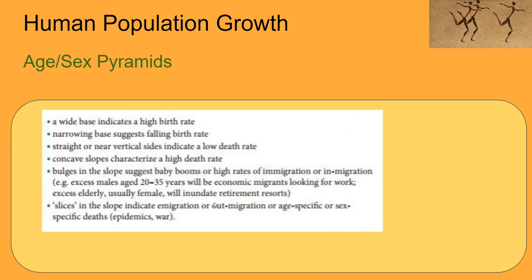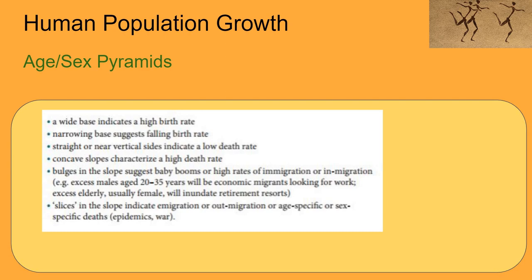Now, we're going to go ahead and model these changes that I've just discussed. And we're going to do it in what we call pyramids, demographic pyramids. These will show us how human population is growing. There's many things you can look at in here, but the 3 most important things I'd like you to look at are, first of all, how wide is the base? That tells us how high the birth rate is going to be. We want to look at the slopes.